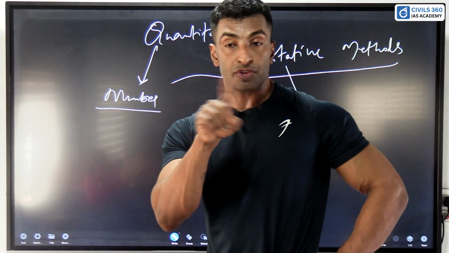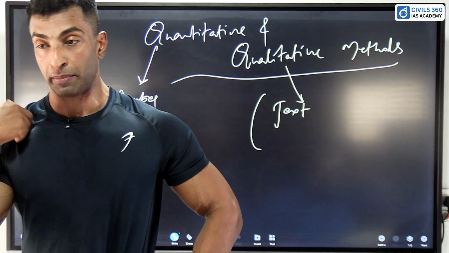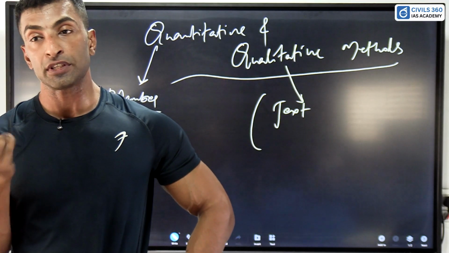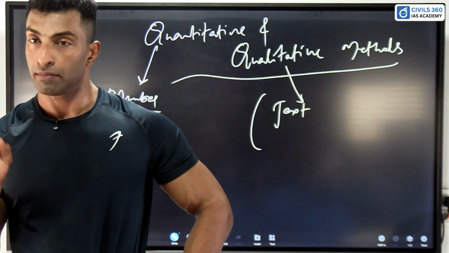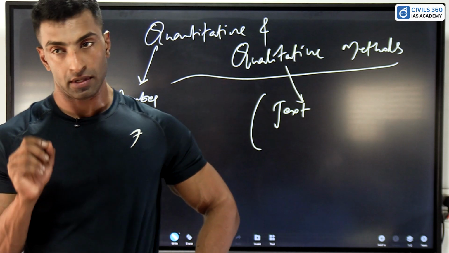Just underline process of measurement is central. First sentence starts with the process of measurement. So, what is the first step in this method? Measurement. You need to get the data in terms of numbers. So, that's the first step.